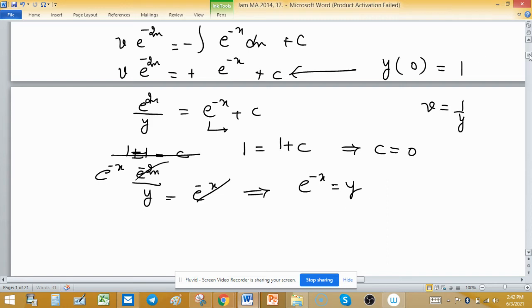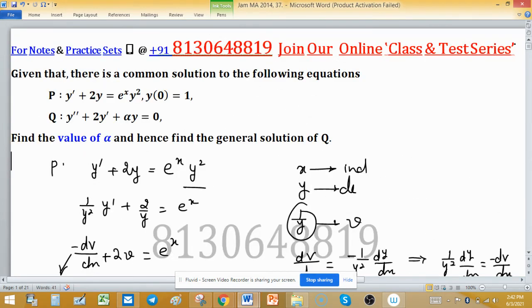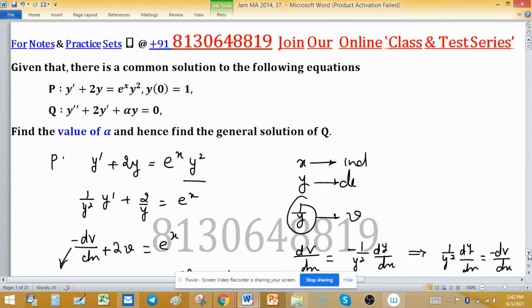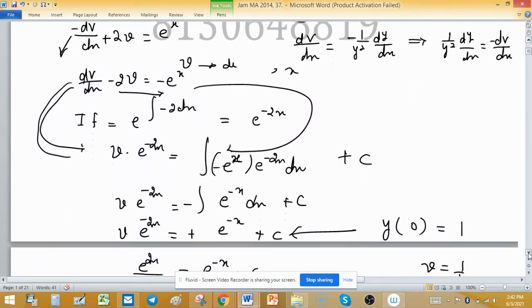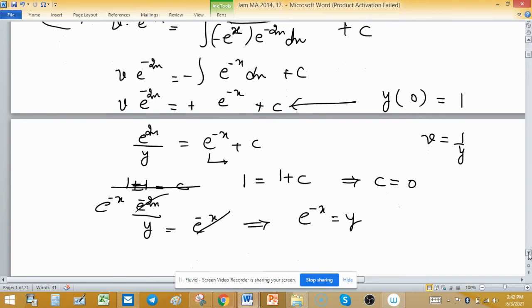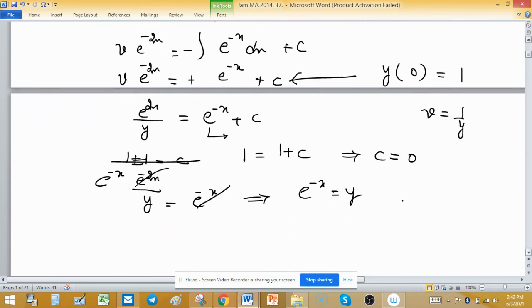Now, as given, these differential equations have a common solution, and alpha is used in Q, so this solution will satisfy the second differential equation Q. So find the first and second derivative of this one. y prime is equal to minus e raised to the power minus x, and y double prime is equal to e raised to the power minus x.